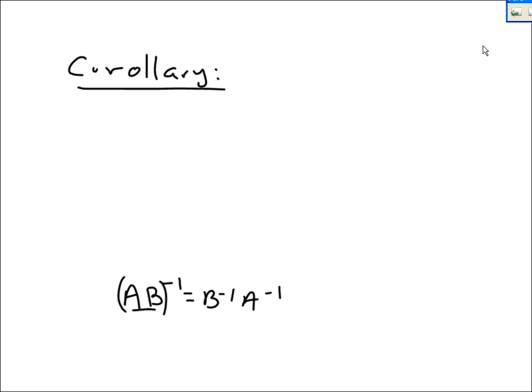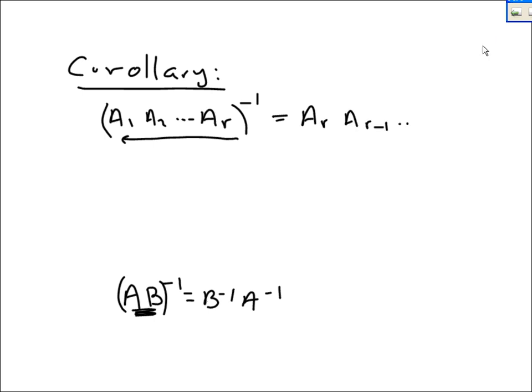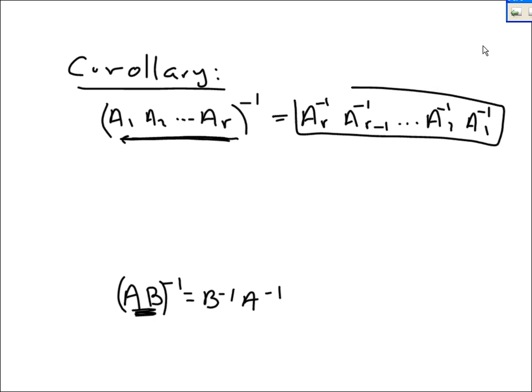Well, if you have more than two matrices being multiplied, A1 times A2 up to AR, and you want the inverse, just write it in reverse order: AR inverse, AR minus 1 inverse, all the way down to A2 inverse, A1 inverse. If you think about it, this times this should give you the identity. Here, that product reduces to identity, and you can remove it.